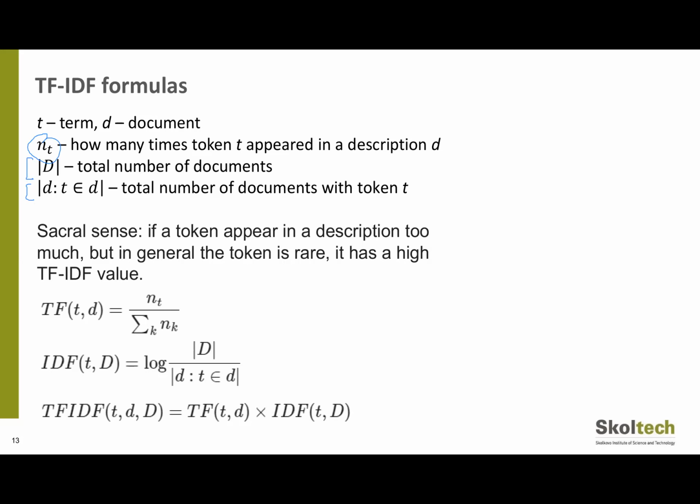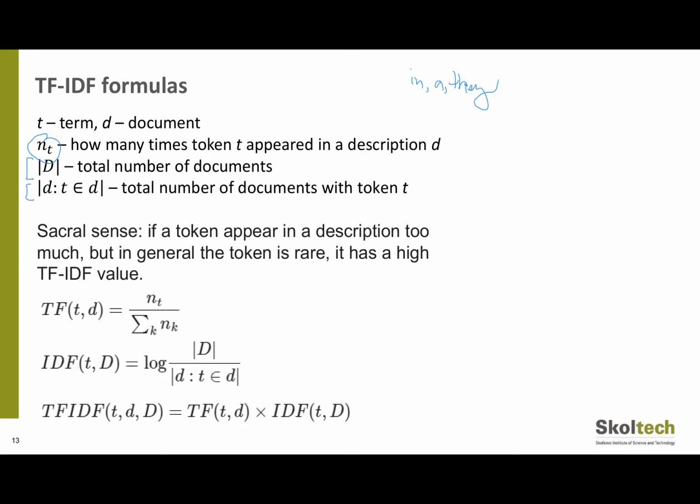Okay, we can say that if the token is too common, it adds little. If you have words like in, a, or there, they appear in almost all documents. It doesn't make much sense to include them.